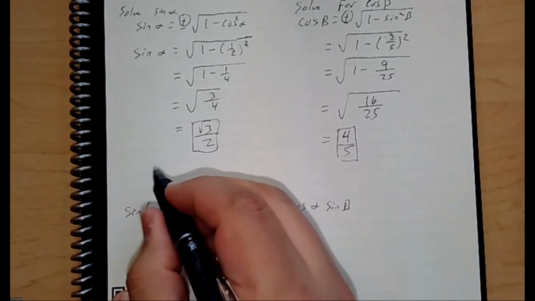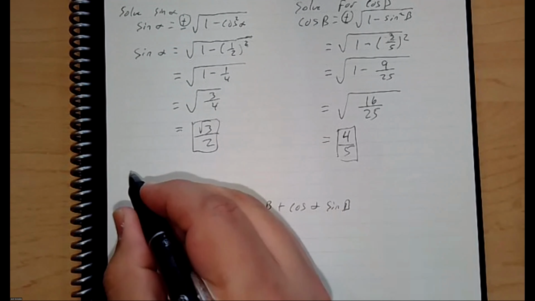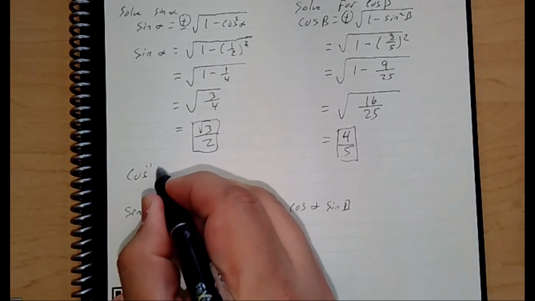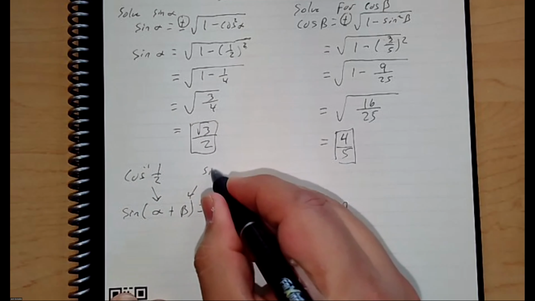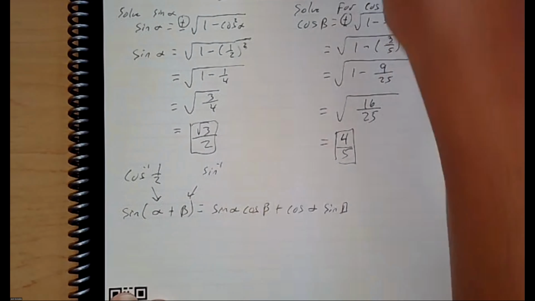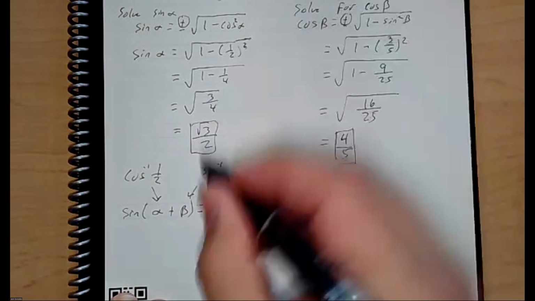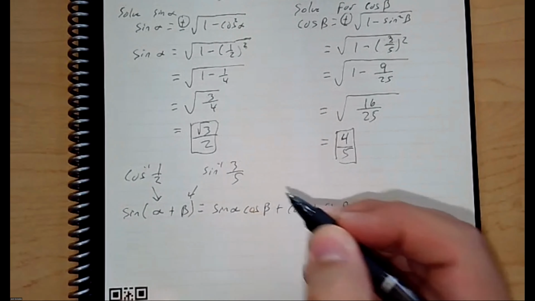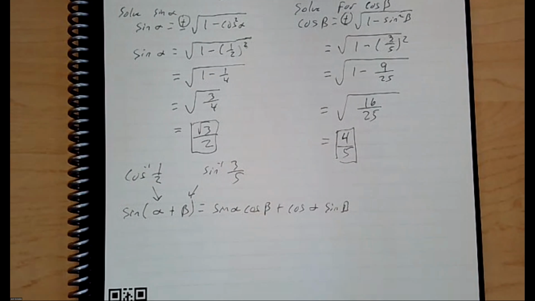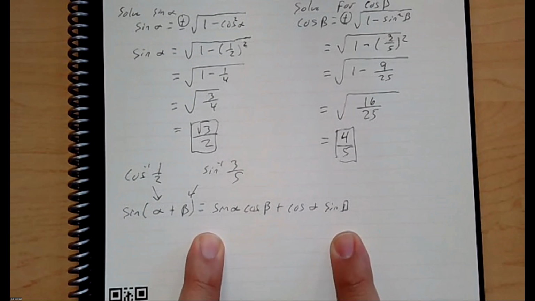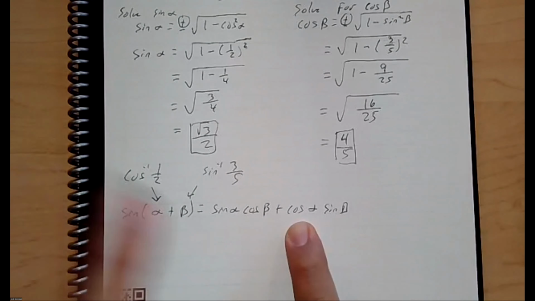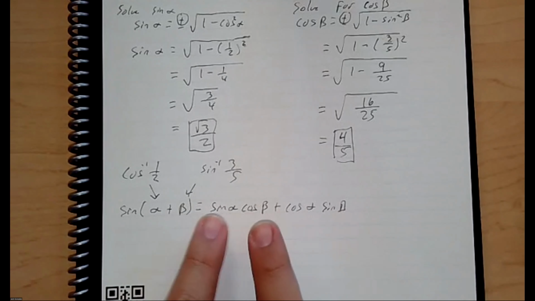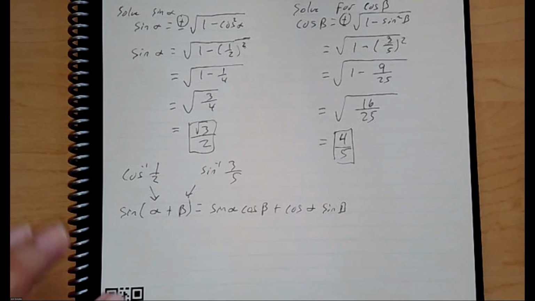Remember that your alpha is cosine inverse of 1/2, and your beta is sine inverse of 3/5. So we have all the pieces now. We were given cosine alpha and sine beta, these two pieces, and we found these two just now. Now we can answer the question.